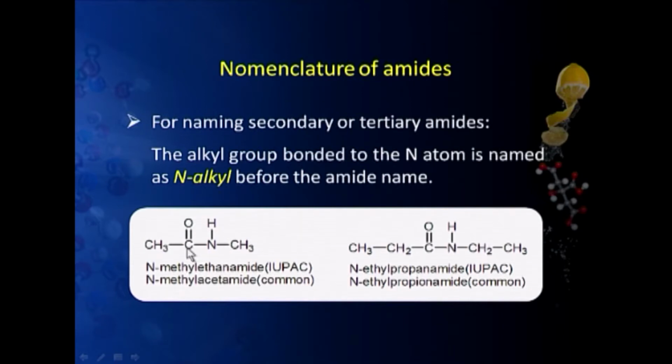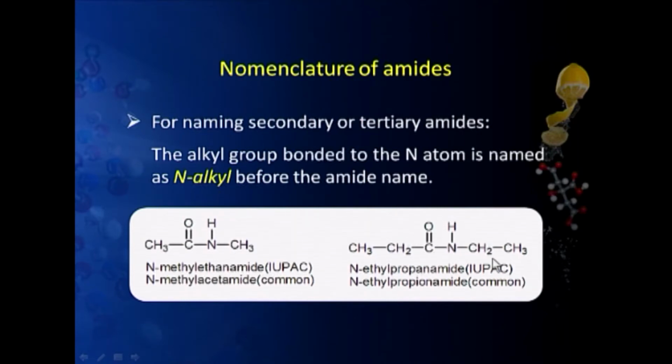So, it means it is ethanoic acid derivative. Then had it been NH2 only here, we would call this compound ethanamide. Now, what has happened? One of the hydrogens of ethanamide is replaced by a methyl. So, this methyl, since it is present on nitrogen, we will write as N-methyl, then ethanamide, because the system says whichever alkyl group is there on the nitrogen, we write its name first with a capital letter N and then the name of the amide.